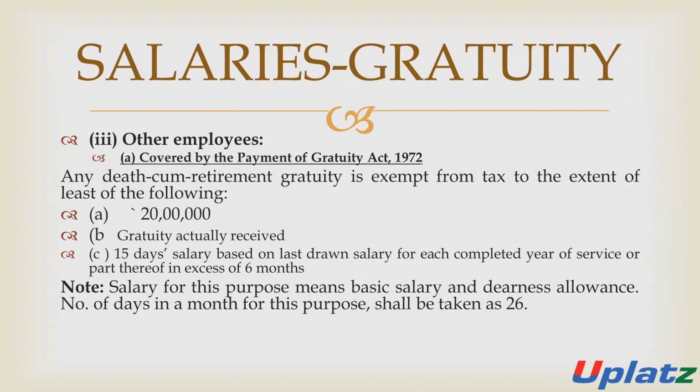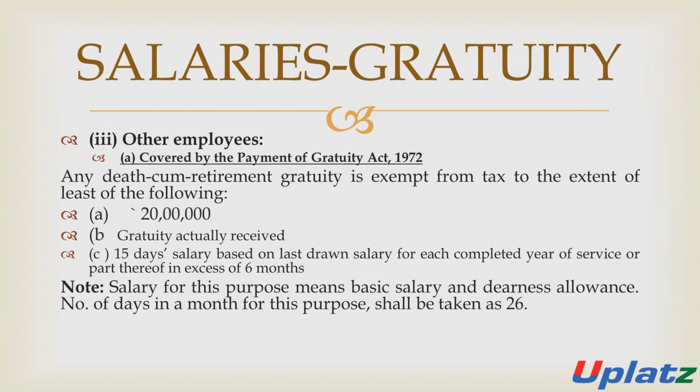If there is any employee who is covered under the Payment of Gratuity Act 1972 and he receives any sum as death cum retirement gratuity, then such amount will be exempted, and it will be exempt as the least of the following amounts.